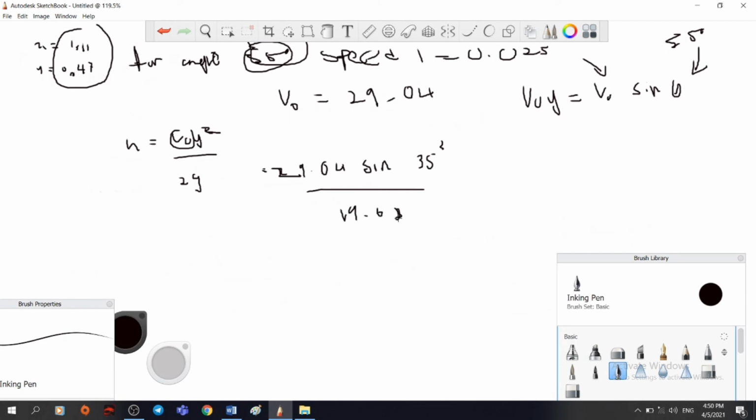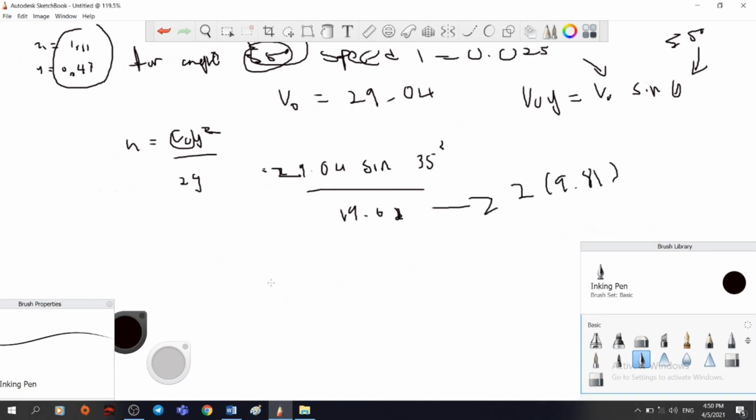Why 19.62? Because 19.62 equals 2 multiplied by 9.81, which is gravity. So we get the maximum height of 0.47 meter.